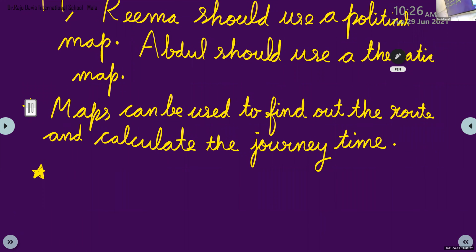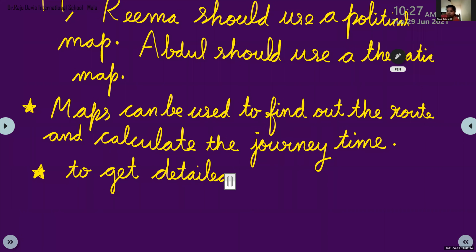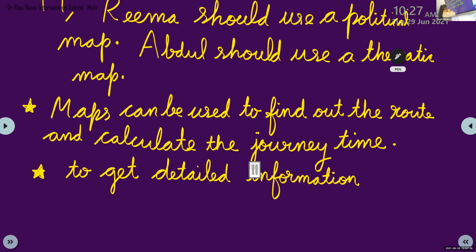Can be used to find out the route and calculate the journey time. The second point, to get detailed information about various landforms.